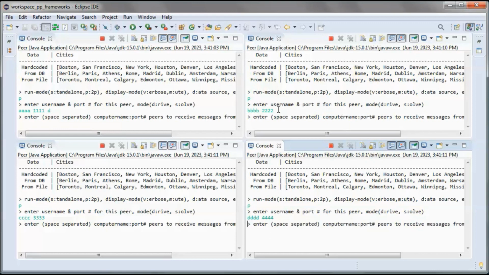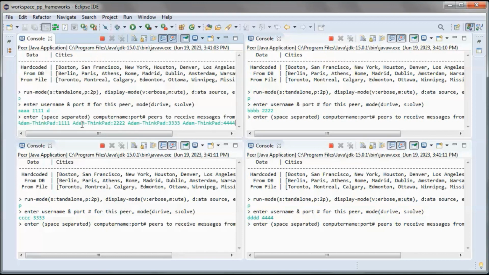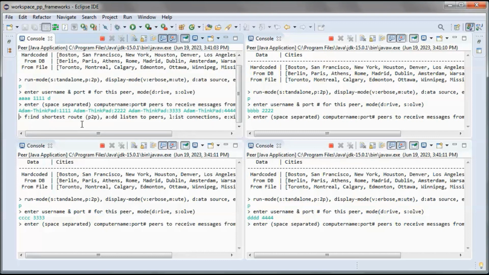When I don't specify the mode, it defaults to solve mode. And this peer will be picking up messages from all other three peers, and each one of the other three will be picking up messages only from the driver peer.